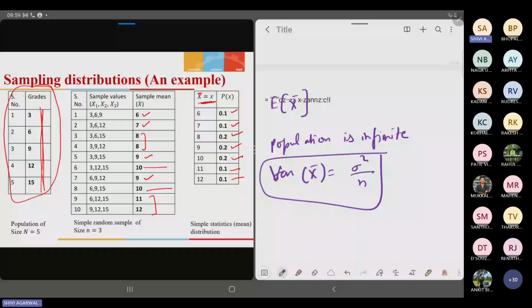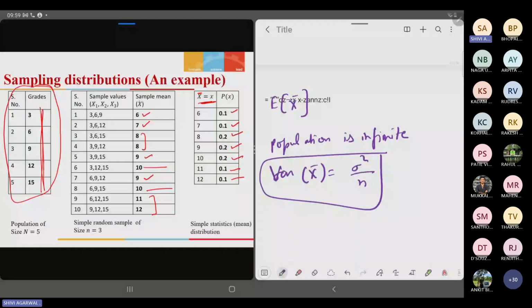So we are saying x bar is the sample mean. For the values 3, 6, 9, the sample mean is 6: 3 plus 6 plus 9 divided by 3. So the sample mean is also a variable that takes the values 6, 7, 8, 9, 10, 11, 12. This x bar, the sample mean, is a random variable.